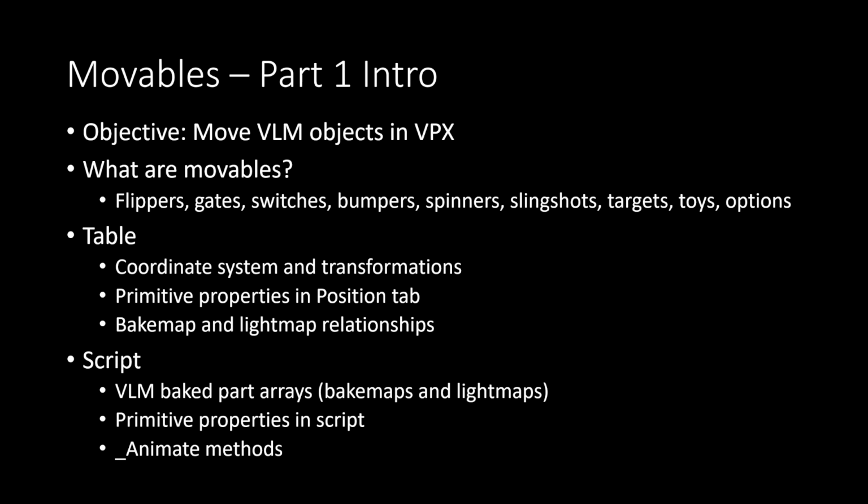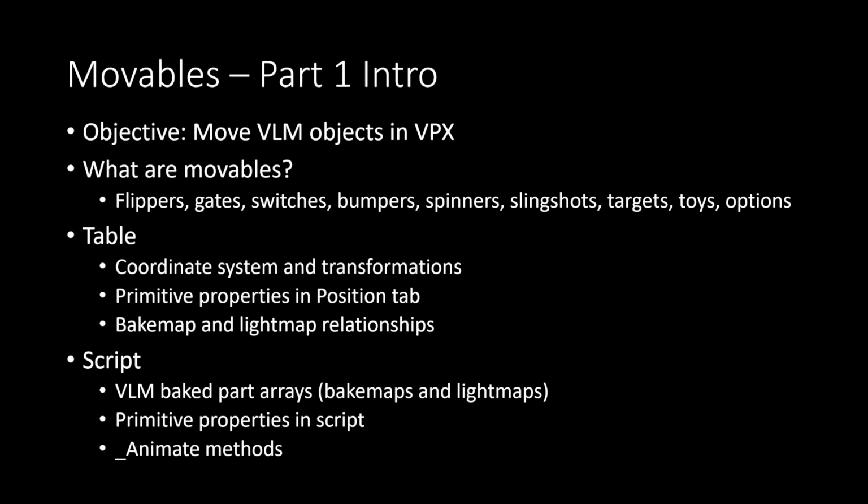So typically, what can you move in VPX? Well, there's the obvious ones like flippers, gates, switches, bumpers, spinners, slingshots, and targets. But you can also move other things like any toy. Movables also kind of apply to options.